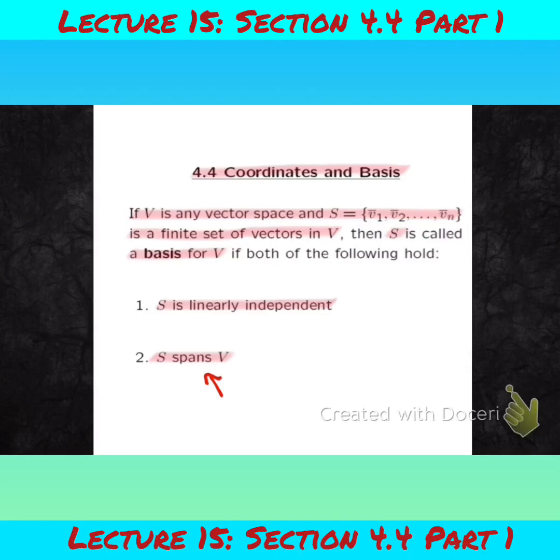It means every vector in V can be written as a linear combination of vectors in S. So the vectors in S are basically the building blocks for each vector in V, because I can generate each vector in V by taking the vectors in S, using scalar multiples of them and adding them together. So you can see S as the building blocks for V.